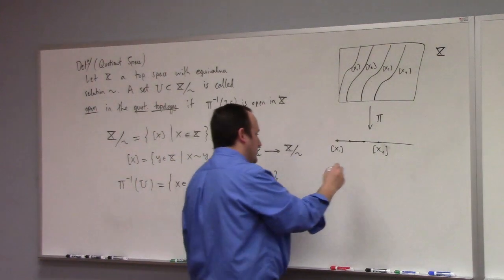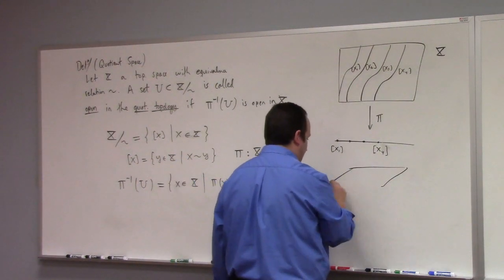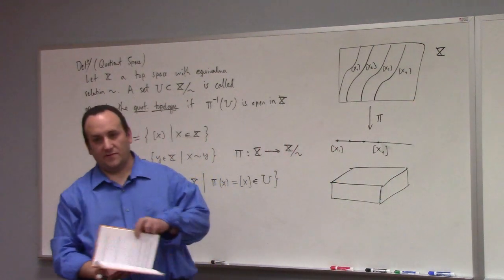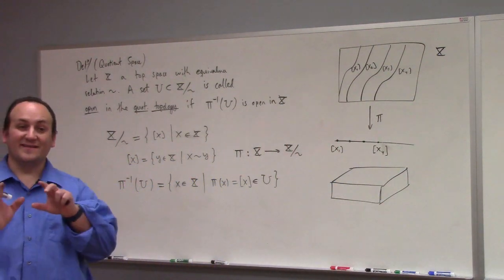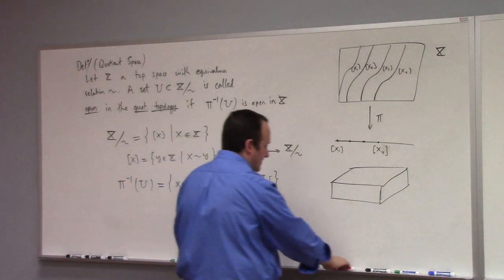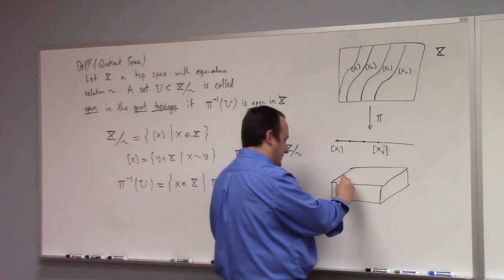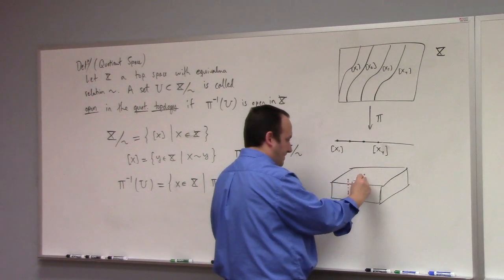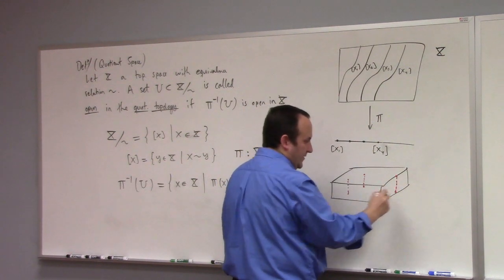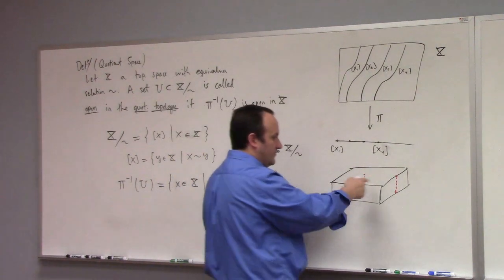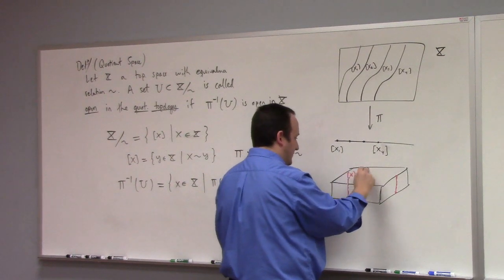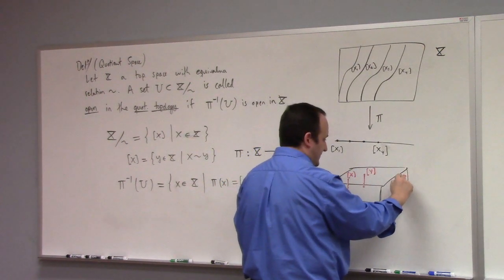Or here's another picture. If your total space was like 3-dimensional, right? And your fibers, well, if your equivalence classes were like vertical stalks, right? If your equivalence classes were like this, here's another one over here. Then maybe a good model for the quotient, if these are the equivalence classes, so here's like the equivalence class of x, equivalence class of y, equivalence class of z.